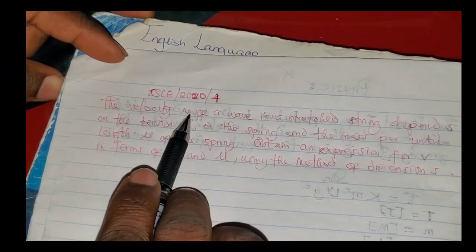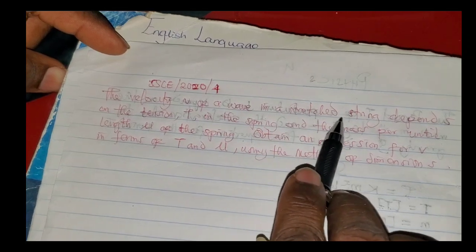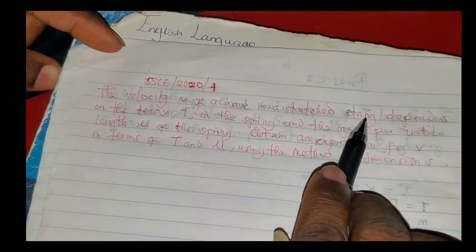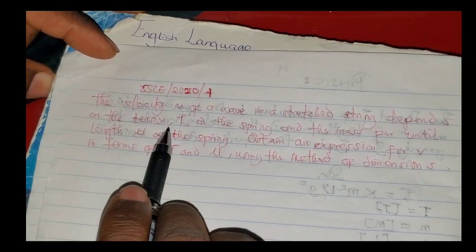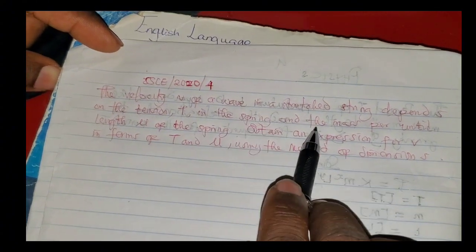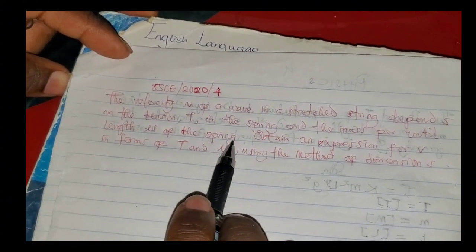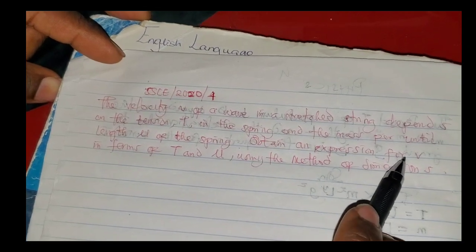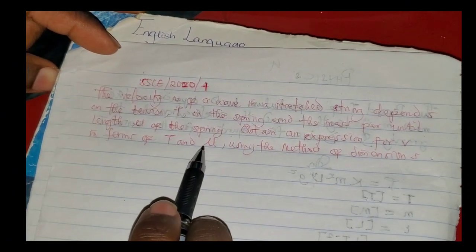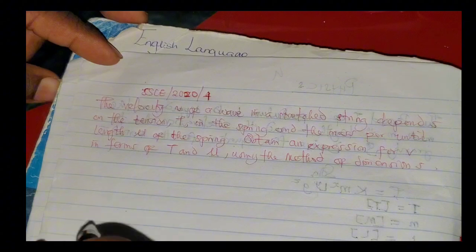The velocity v of a wave in a stretched string depends on the tension T in the string and the mass per unit length mu of the string. Obtain an expression for v in terms of T and mu using the method of dimension.